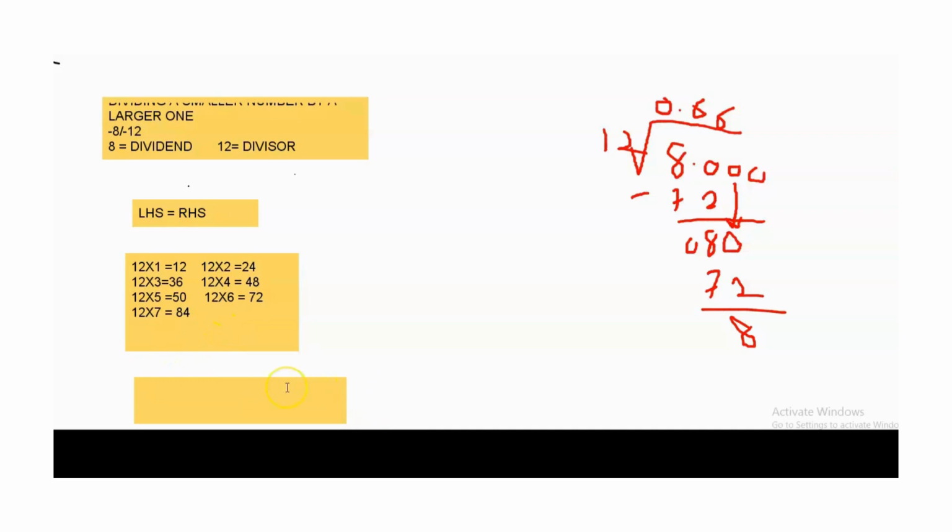So we know that the divisor is 12. Dividend is 8.